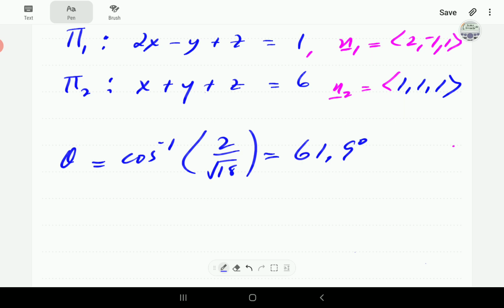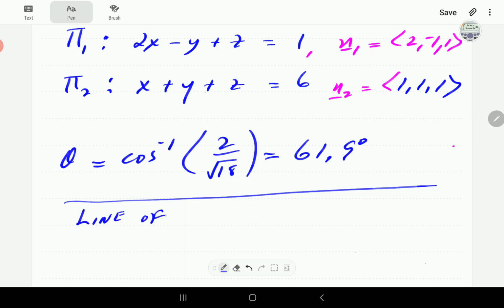But that's not a problem, because it means we're going to have a free variable, and that's the variable which is going to give us the parameter. So all we need to do here is to eliminate one of the variables, and then once we have done that, we work it out. So this is the line of intersection.